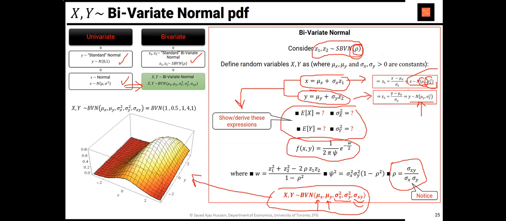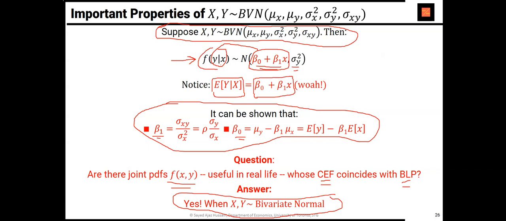You can't take an X that's normal and a Y that's normal and somehow assume they're bivariate normal. They actually have to obey certain relationships behind the scenes. But regardless, it is conceivable and quite common to find X and Y's which have a joint bivariate normal distribution. So you have reason to celebrate.